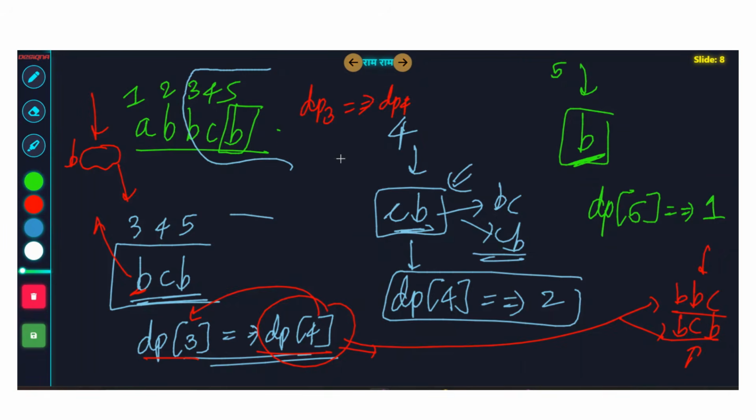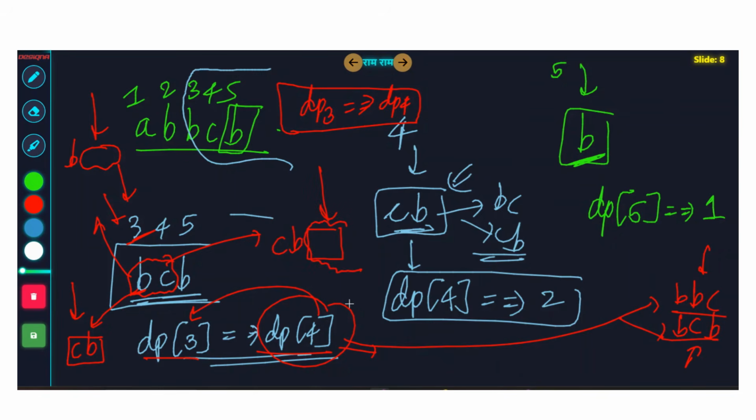But this is only true if you don't do any operation at the first index 3. What if I try to swap here? This BC will turn to CB, so a new string is coming up. Now you need to know how many ways there are to rearrange the rest of the part.